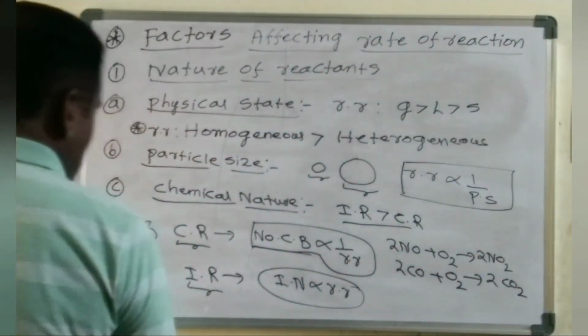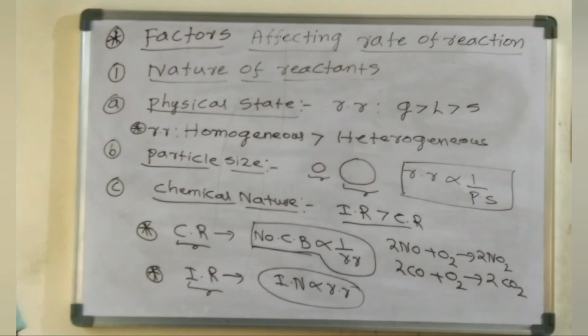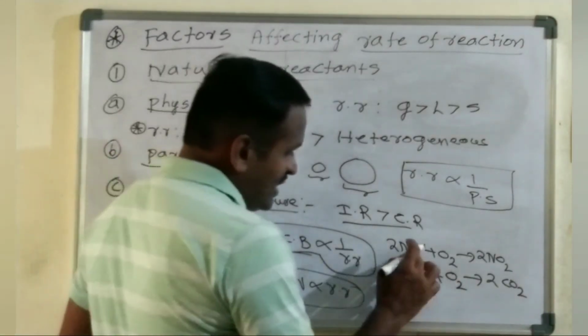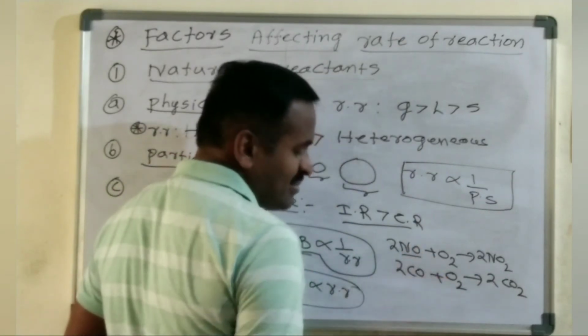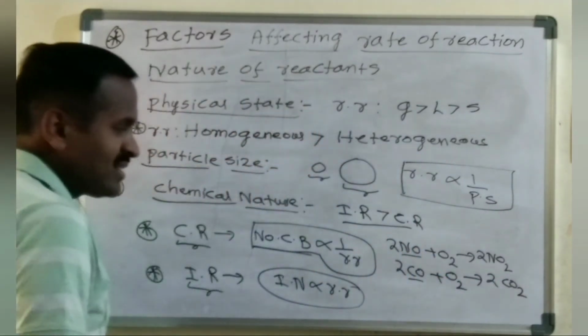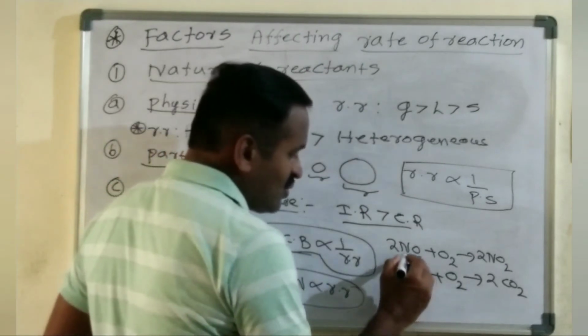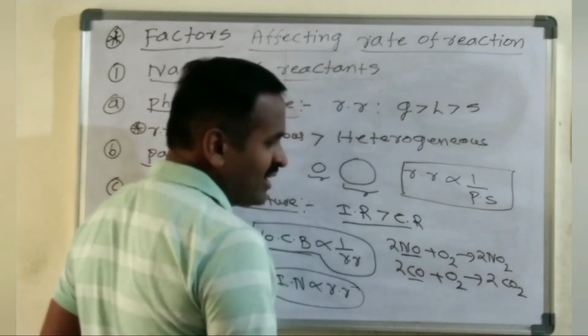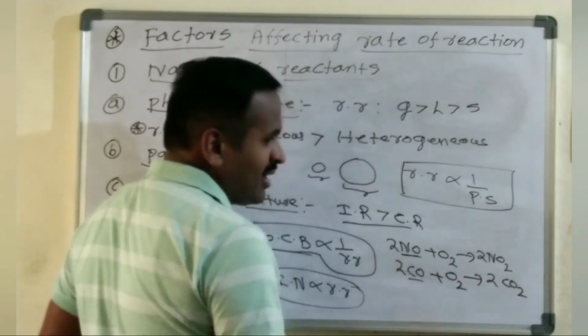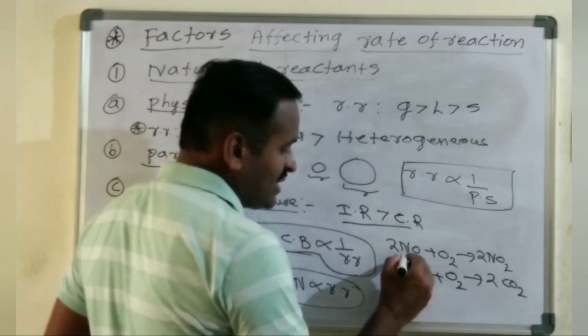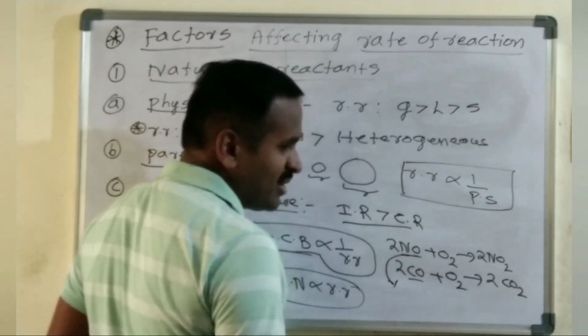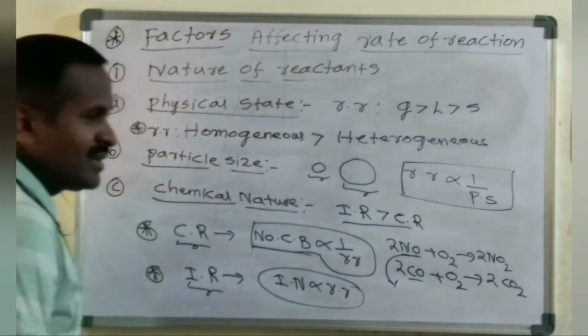In the case of nitrogen and oxygen there is a triple bond. Even carbon monoxide has a triple bond. But this NO bond is a weaker bond, because there is electronegativity and other aspects you need to check. So this NO bond is a weaker bond, easily it can break, right?